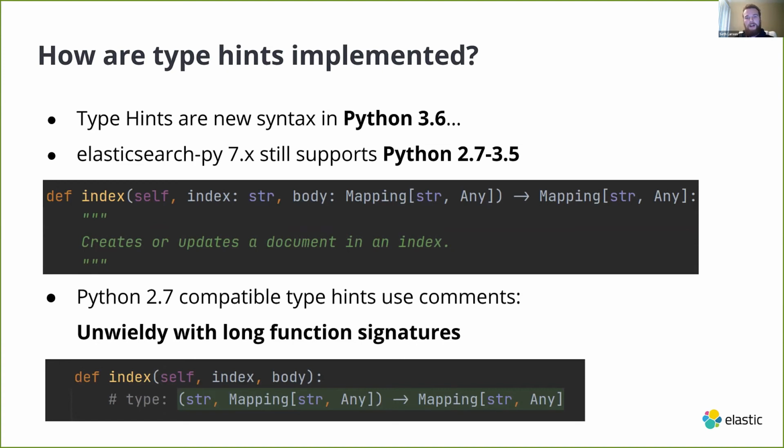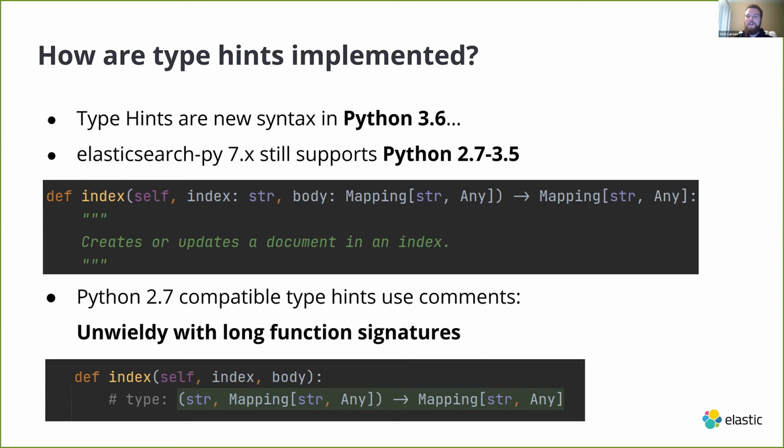And on the return type, there's an arrow with a type. So that's showing the individual parameters. This is a string. This is a mapping from body. Mapping for body is a string to anything, and then it returns a mapping of string to anything. That is the new syntax, and if you were to import that code in Python 2 or anything before Python 3.6, it would explode and say there's a syntax error.